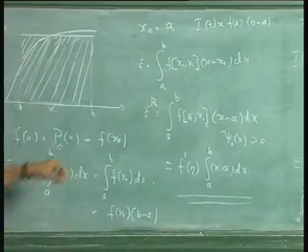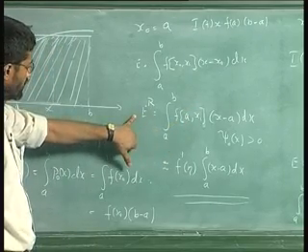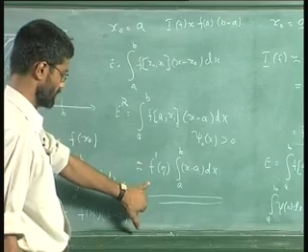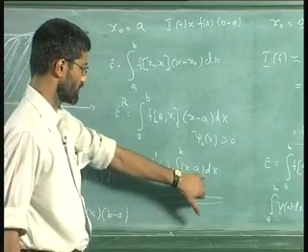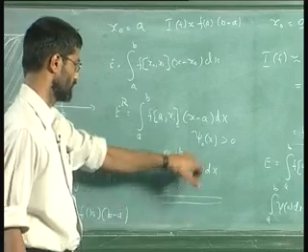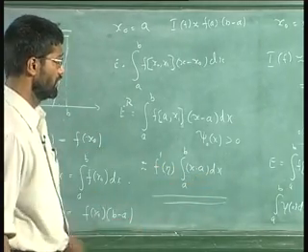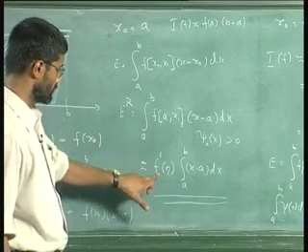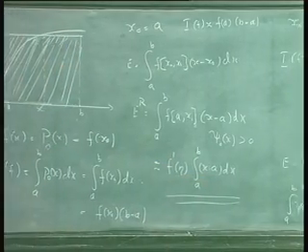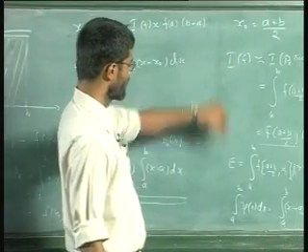That's what we call the rectangular rule, and the error is of this form: the first derivative multiplied by (x minus a) dx, which we get as (x minus a) whole square by 2 between the limits a to b, that is (b minus a) whole square by 2. The error is f prime, the first derivative, multiplied by (b minus a) whole square by 2.